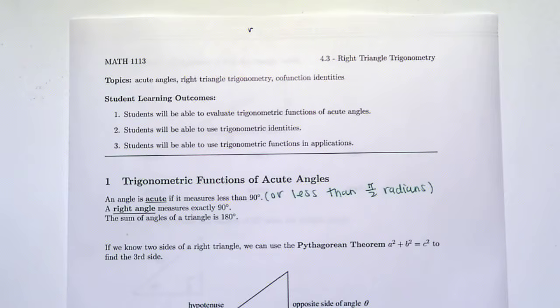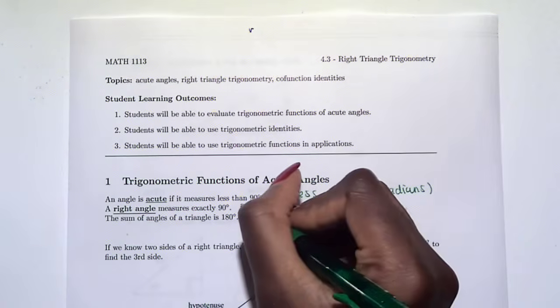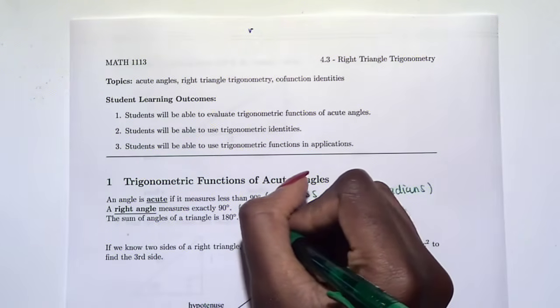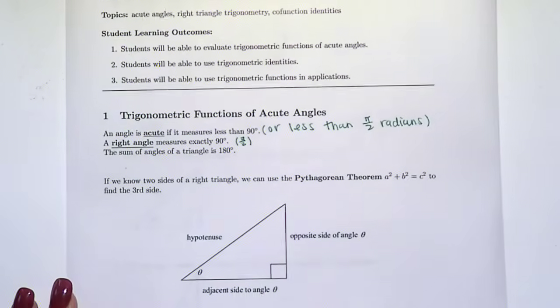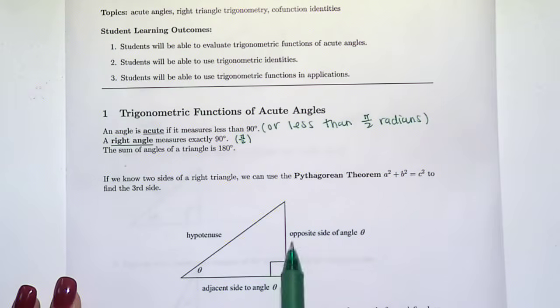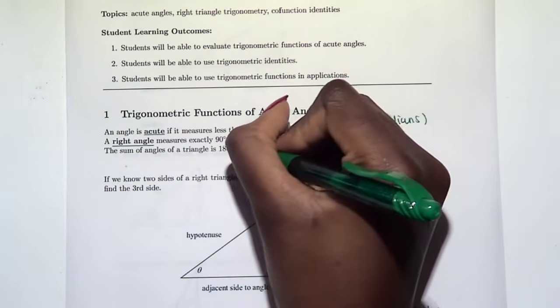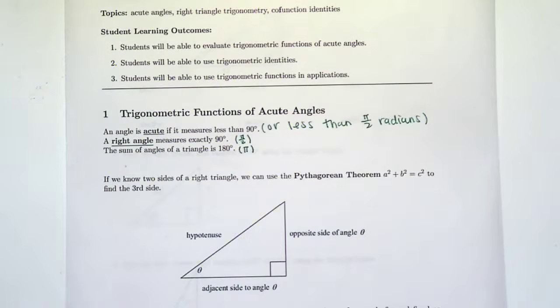A right angle measures exactly 90 degrees, or exactly pi over 2 if we're using radians, and the sum of the angles of a triangle is 180 degrees. So if you take a triangle like this and add up all of the interior angles, you should get 180 degrees, which is also pi.